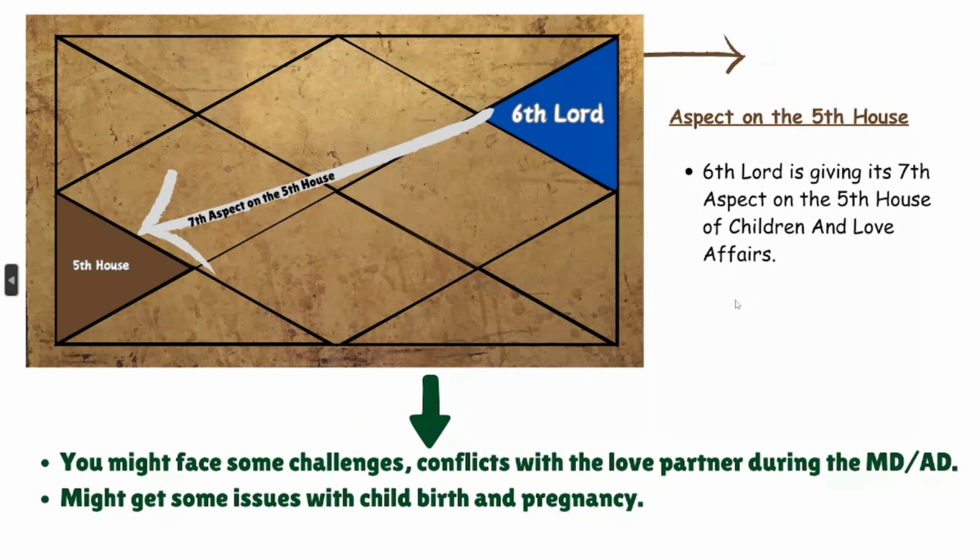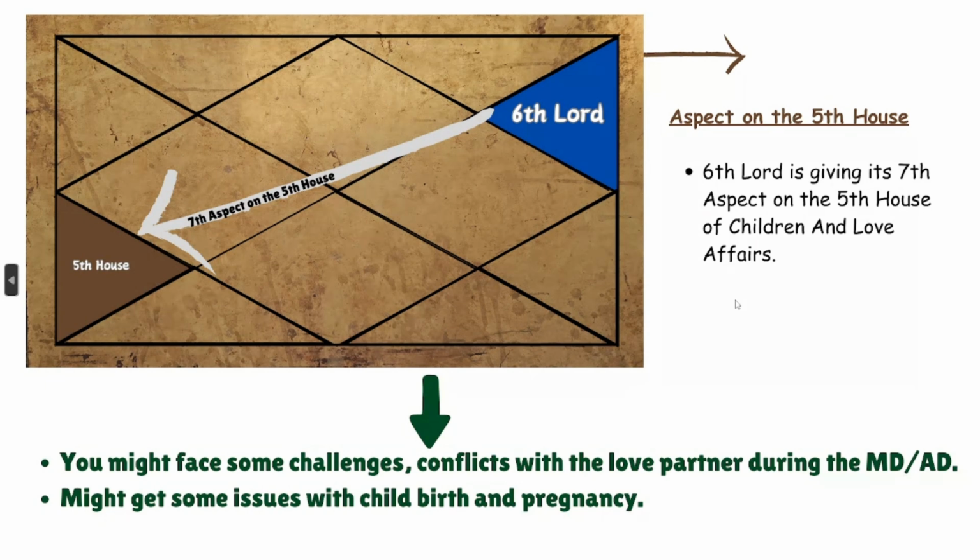Now let us see that sixth lord sitting in the 11th house is giving a seventh aspect on the fifth house. Now fifth house is the house of children. It is a house of love affairs. It is a house of education.